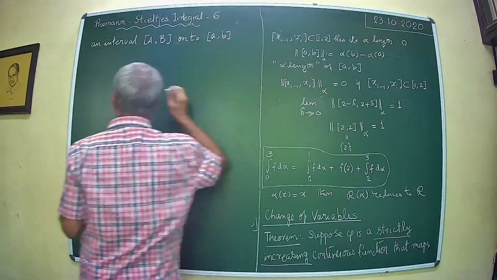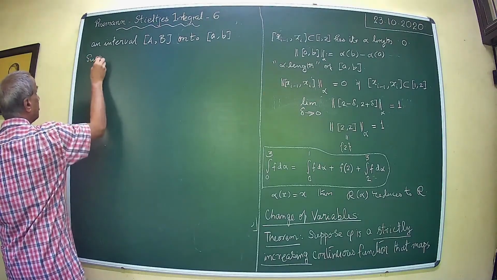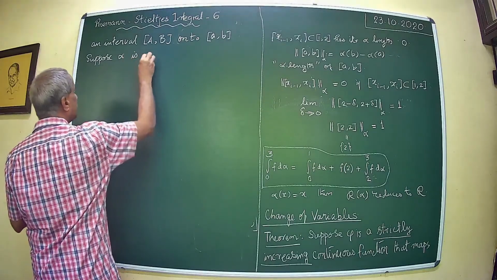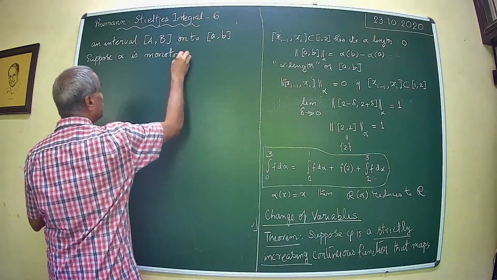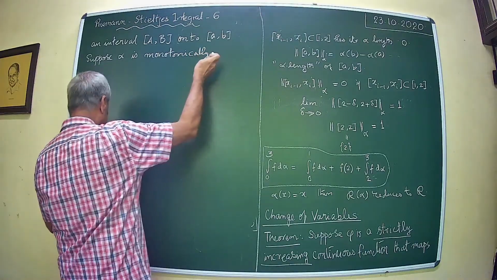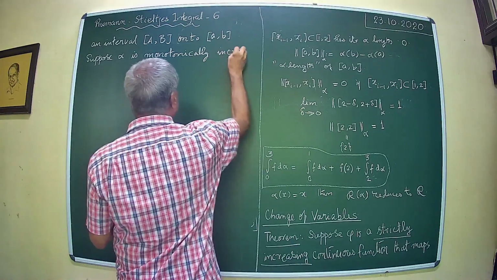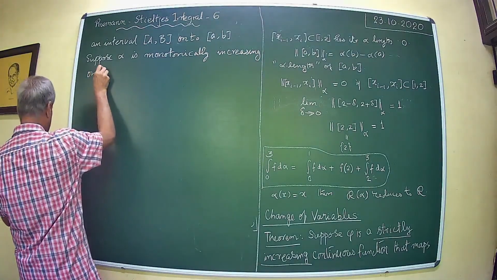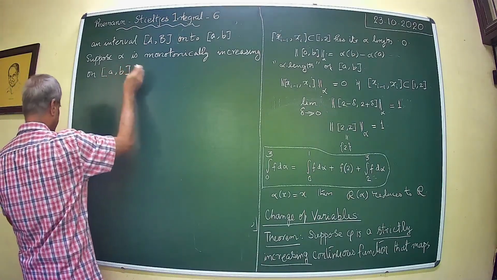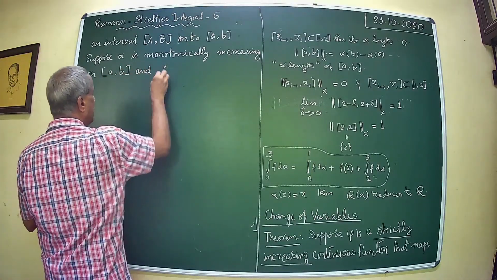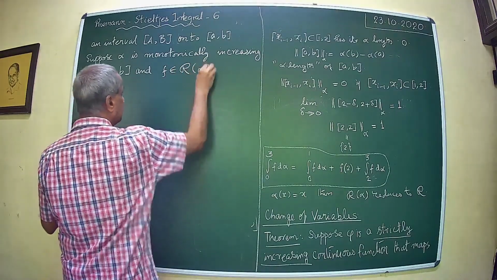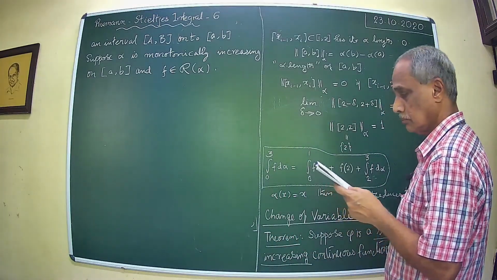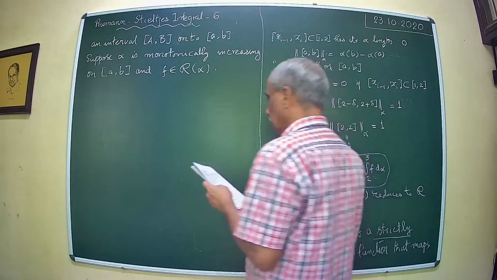Now, suppose alpha is monotonically increasing on ab and f belongs to R alpha on ab.